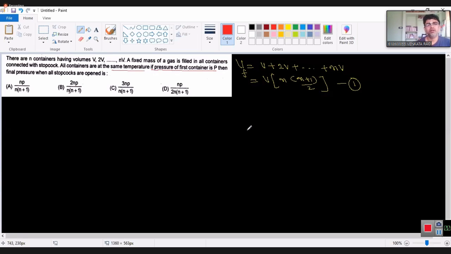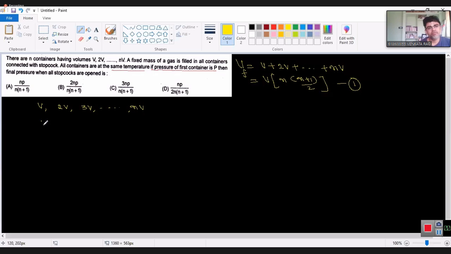So guys, remember the volume of the first vessel is V, second vessel is 2V and so on, up to NV. As the temperature is fixed, all containers are at the same temperature.